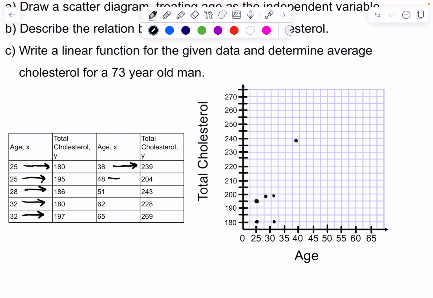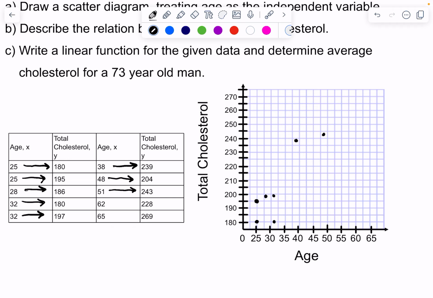Then we've got a 48-year-old with a total cholesterol of 204. So the 48-year-old, you're going to be about right here, roughly.